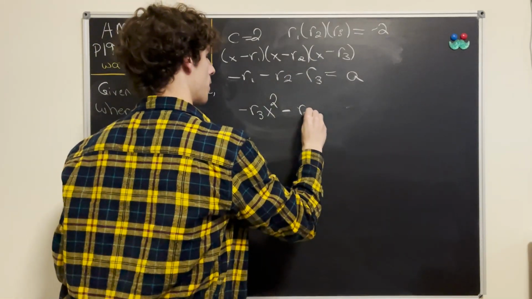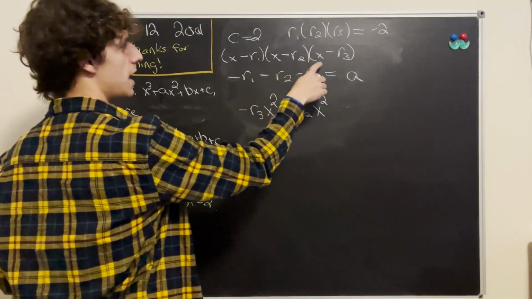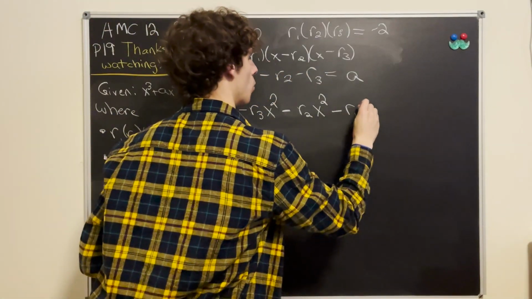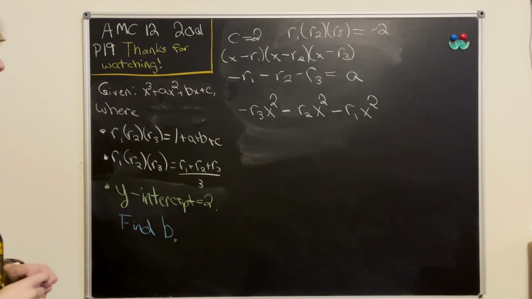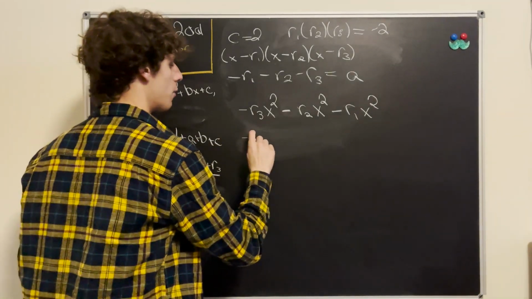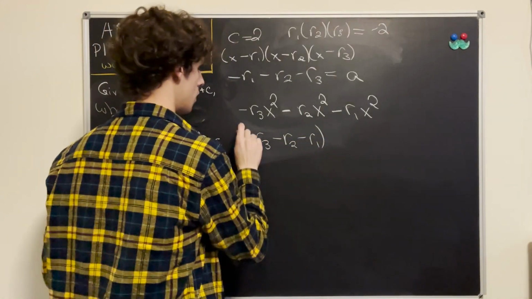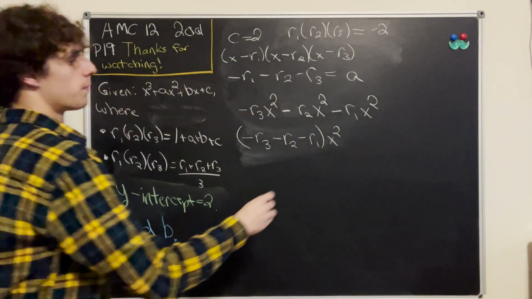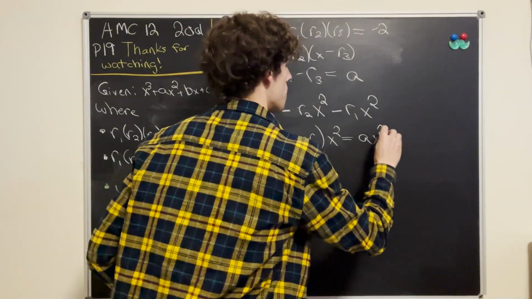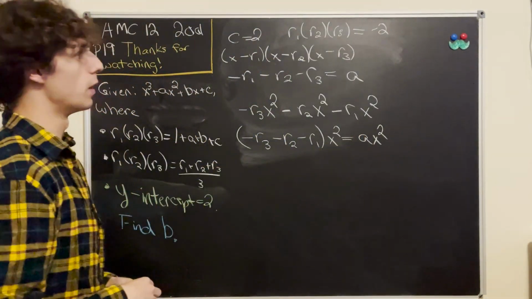So that'll be minus r2 times x squared. And then r1 by this x, and that gives us minus r1x squared. And these are all of our x squared terms. And so if we factor x squared out of that, we get minus r3 minus r2 minus r1 all times x squared, which means that minus r3 minus r2 minus r1 is equal to a.